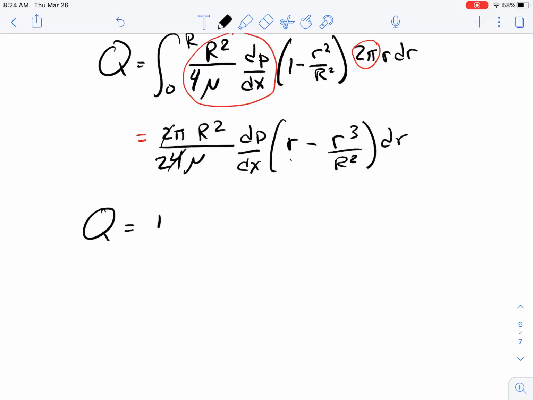And we end up with pi, and then we'll have the big R squared divided by 2 mu times dp dx.